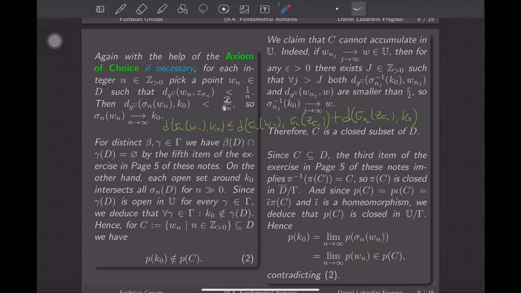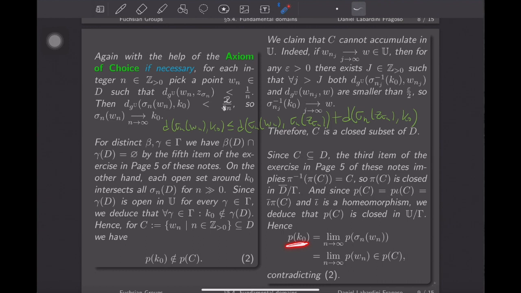And so this limit is in P of C, because all of the P's of Wn's are in P of C.